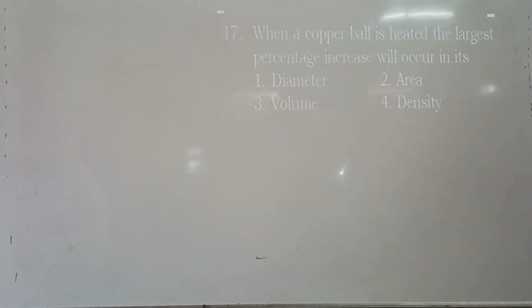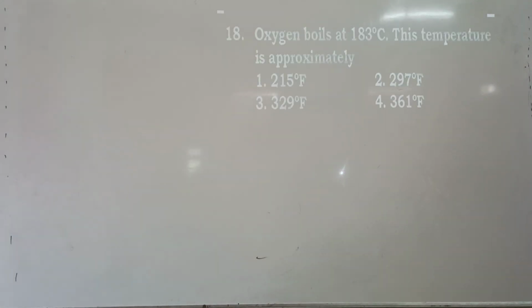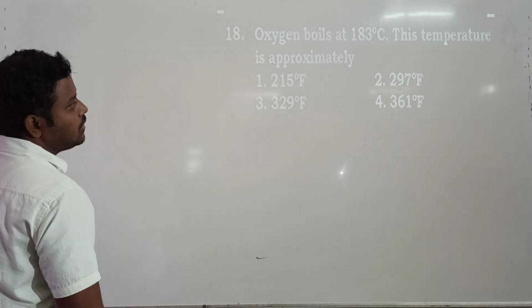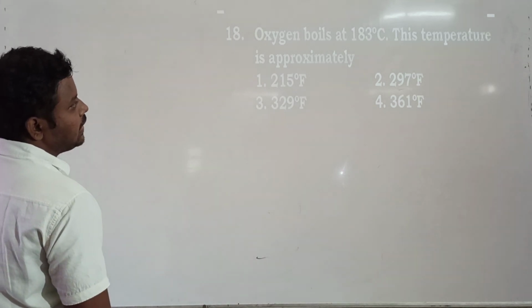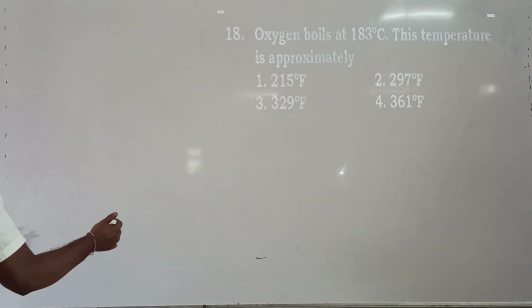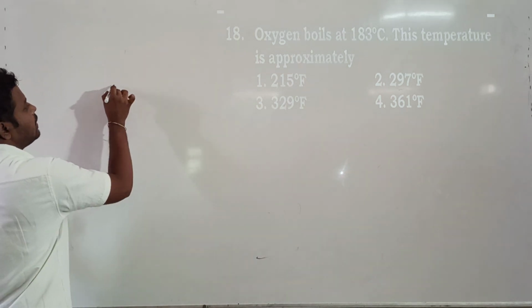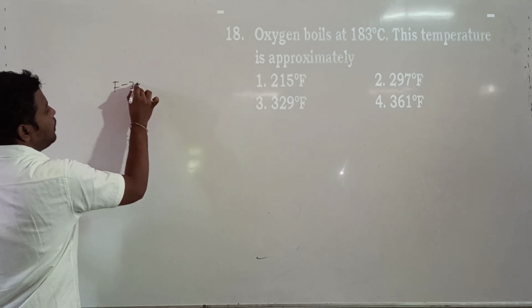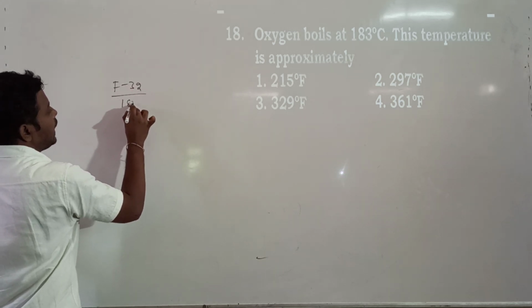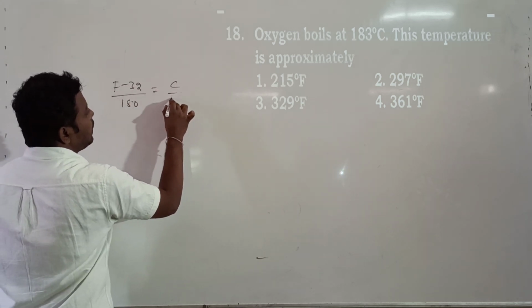Next one, question number 18. Oxygen boils at a temperature of minus 183 degrees Celsius. What is the temperature approximately in the Fahrenheit scale? For conversion from the Celsius scale to the Fahrenheit scale, the relation is (F minus 32) divided by 180 equals C divided by 100.